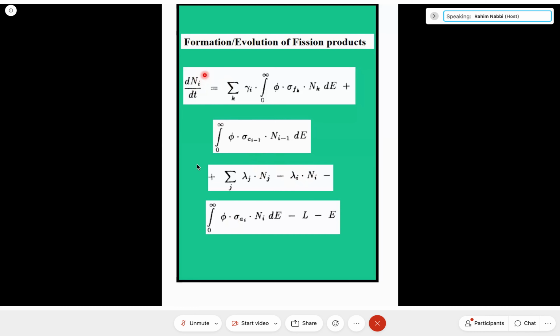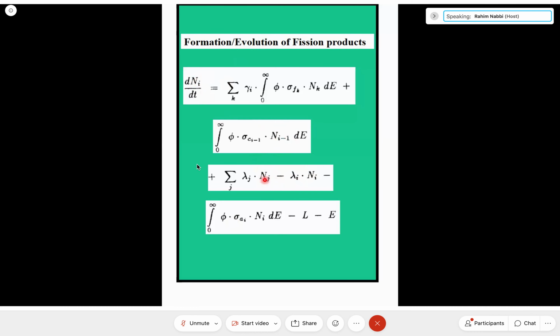For example, if we take the precursor, I-1, if we consider xenon here, the precursor is iodine. That means Ni is xenon, and I-1 is iodine. Iodine J is here.